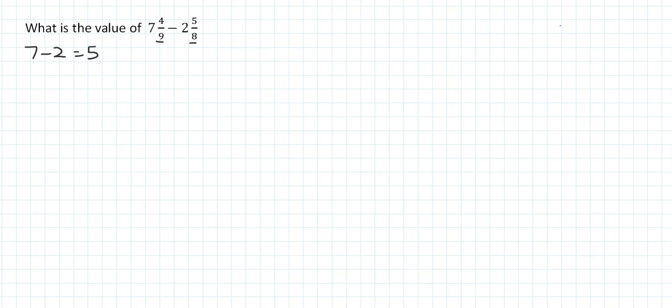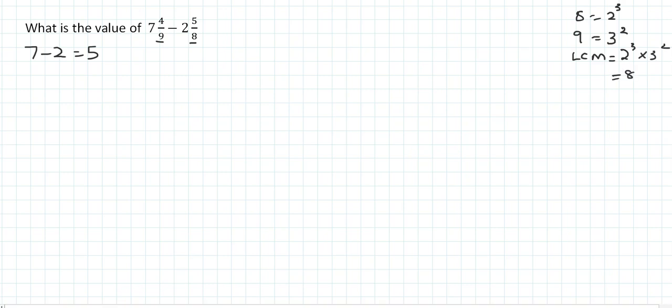So let's go ahead and find the LCM. 8 is 2 to the power of 3. 9 is 3 squared. So our LCM is going to be 2 to the power of 3 multiplied by 3 to the power of 2, which is 8 multiplied by 9. That's going to give you 72.